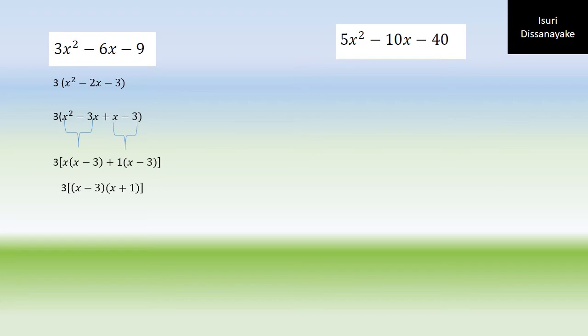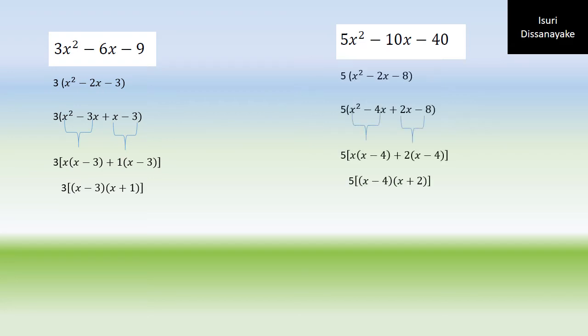Next question. 5x squared minus 10x minus 40. Common value 5. I bring it out from the brackets. So we have x squared minus 2x minus 8. You take the first two numbers.